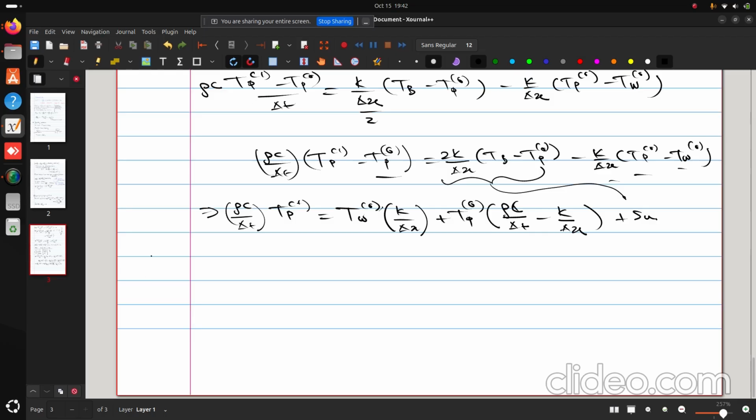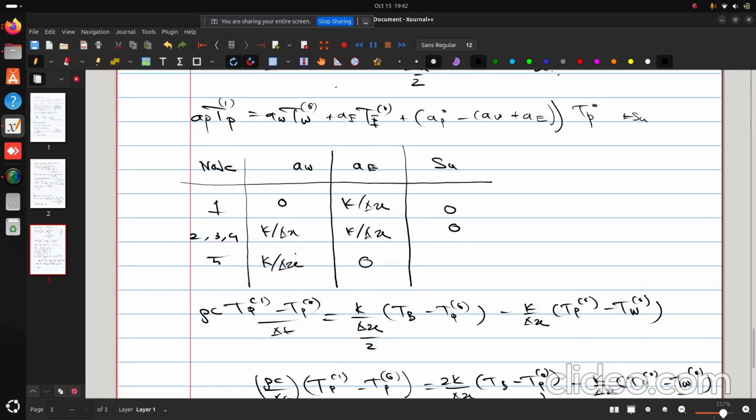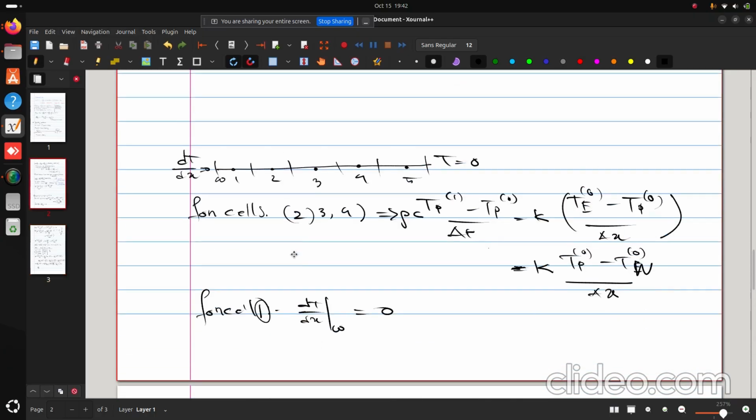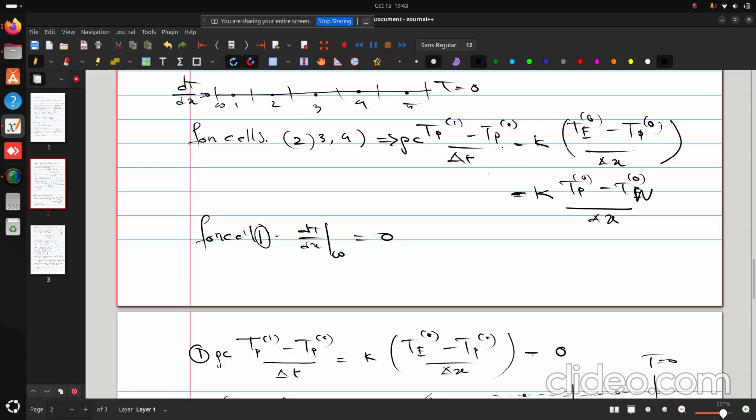Okay, so what do we have finally here? So rho c by delta t. Okay, I think I forgot one part. There will be a volume integration as well, and since it is a 1D problem, the volume will be just delta x.